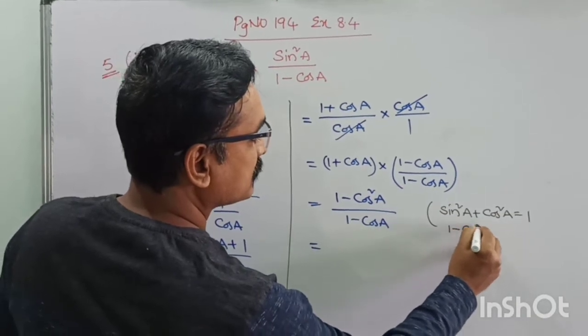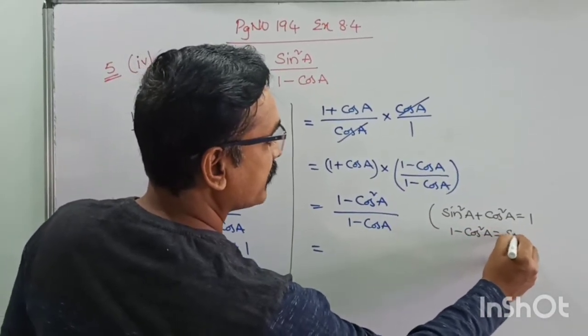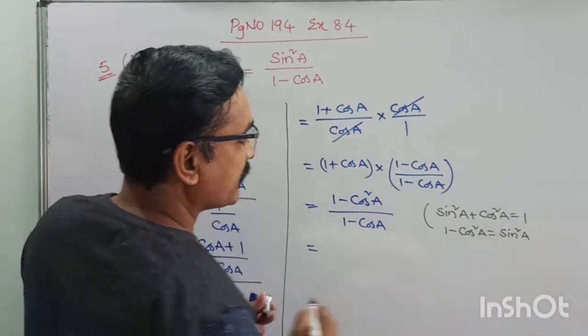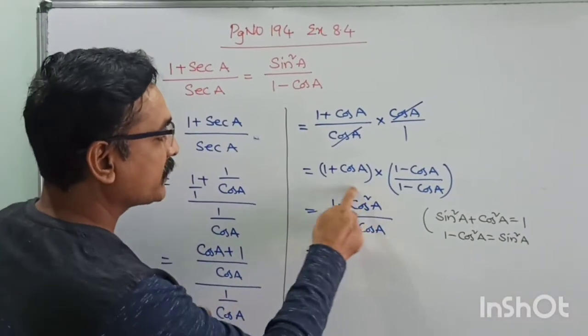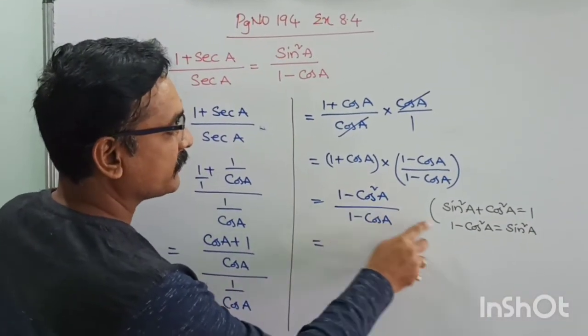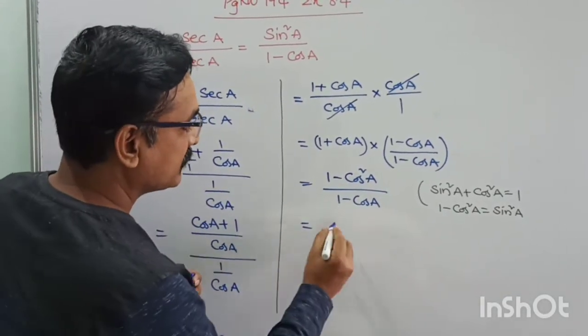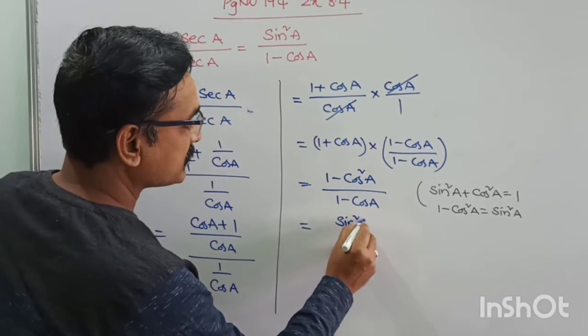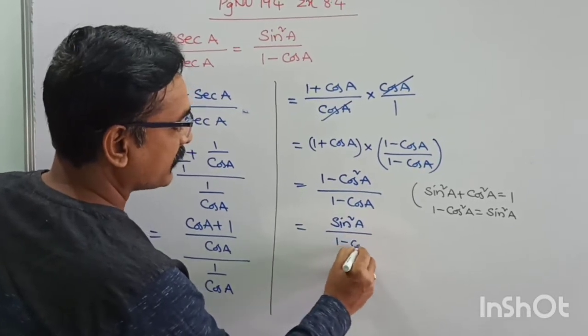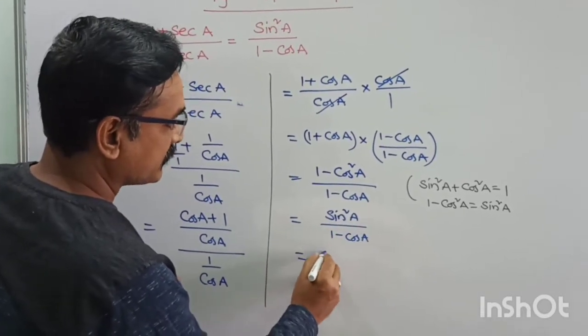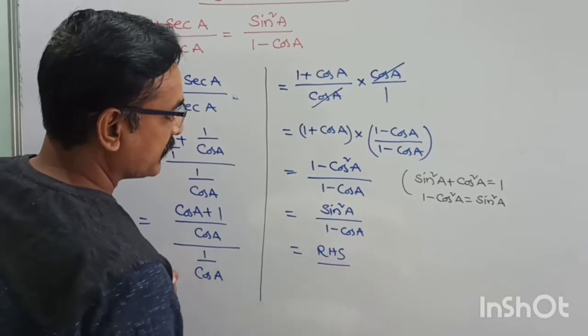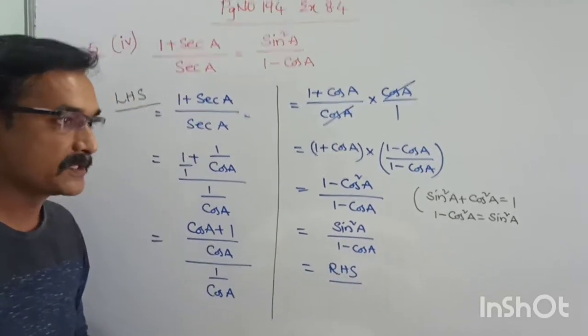From this, 1 minus cos square A equals sin square A. So in the numerator, instead of 1 minus cos square A, we can replace it with sin square A. So we can write sin square A by 1 minus cos A. This is the RHS. Hence LHS equals RHS.